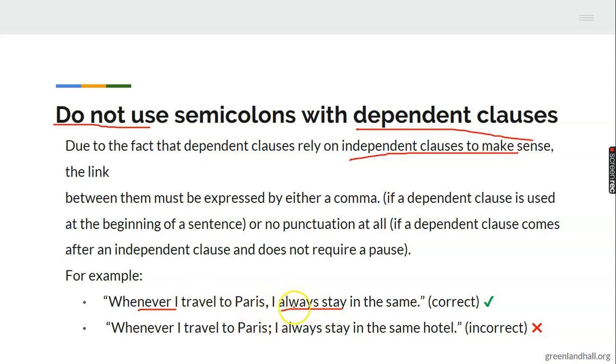And so we cannot use a semicolon here because this dependent clause is depending on this independent clause to make sense. And so a semicolon is not advisable. It will be very, very wrong. Look at this. Whenever I travel to Paris; I will always stay in the same hotel, is incorrect. That's why it has been marked as incorrect.